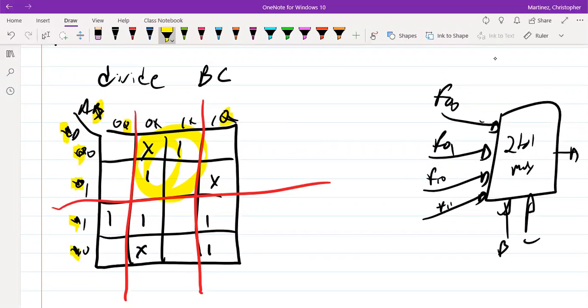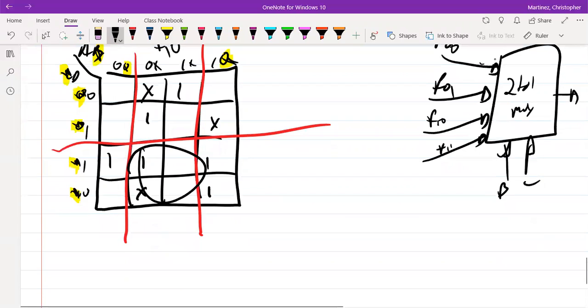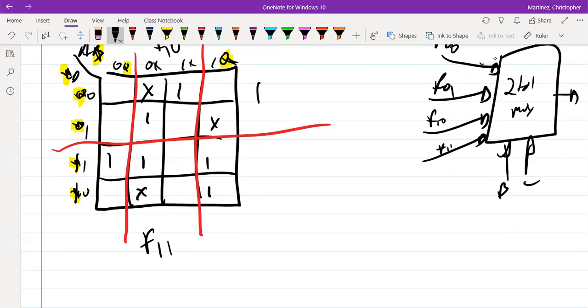This section right here, what F is that? We're doing BC, so we look at B. B was a 1, C was a 0. So that section right there is 1, 0. If we go down to the section right below it, we know B is a 1, and then we look at C. It's a 1, 1. So that's where I'm going to get 1, 1. Then we have two items that are going to be F0s.